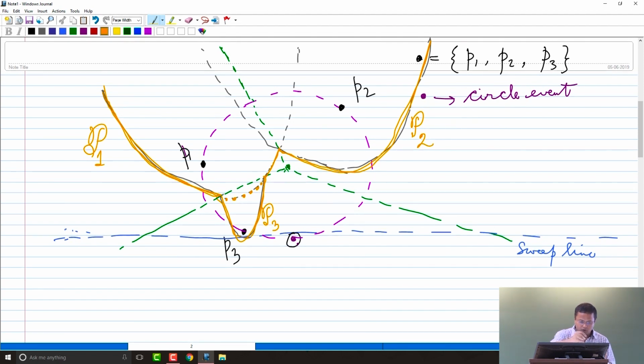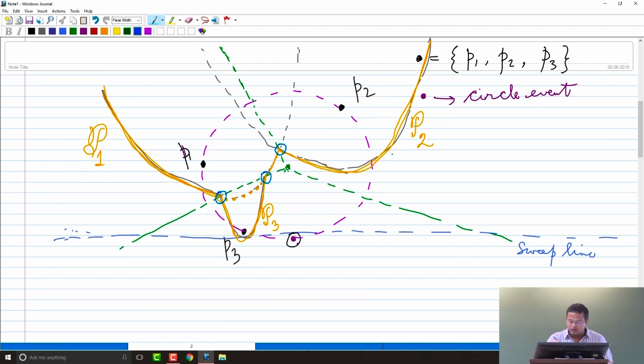Now, look at the crossings of the parabolas. What are they tracing out for you? So, this green part which was your part of the Voronoi diagram has already been seen by the sweep line and is much above.